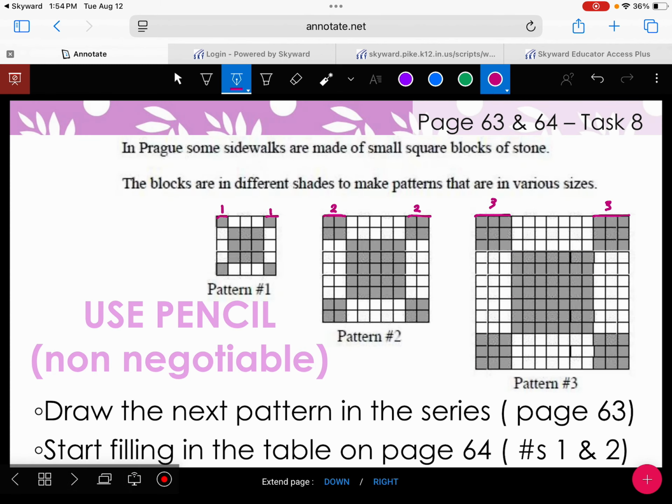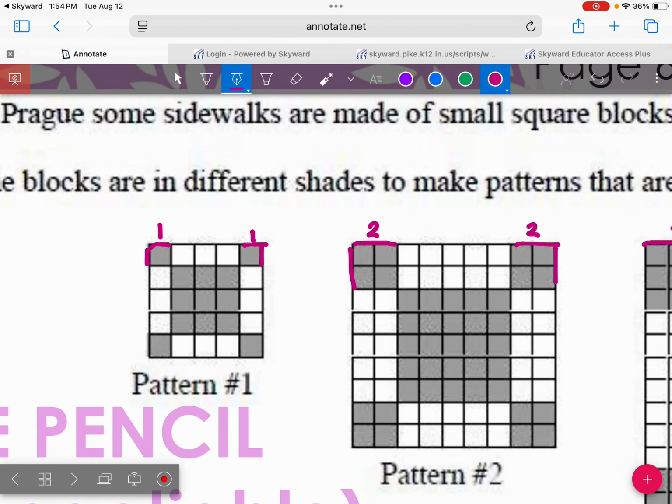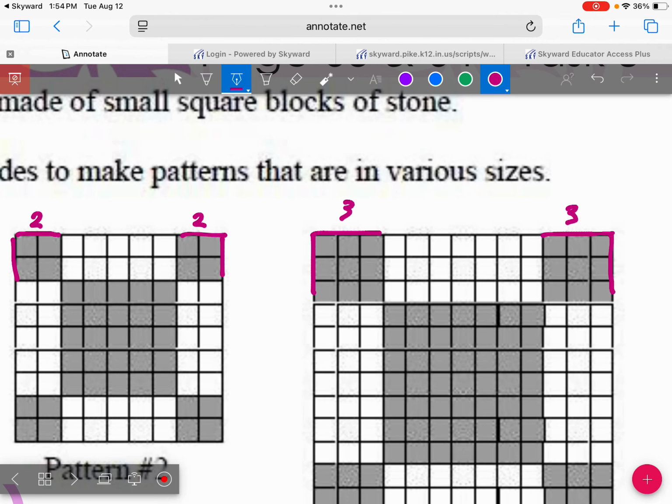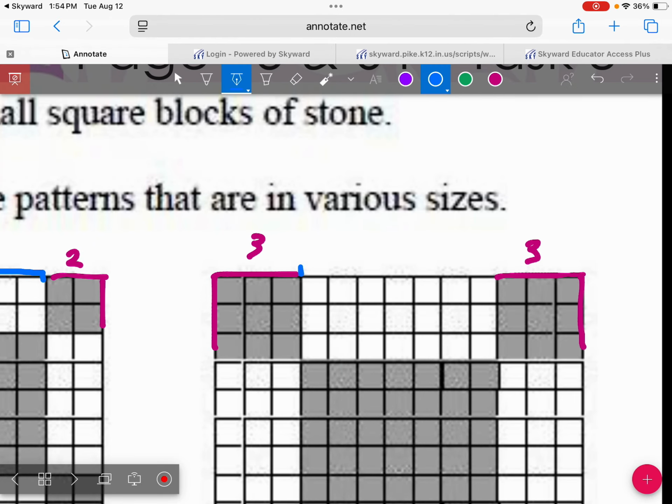What else do we notice about these patterns? So here we've got 5 little white squares. Here we have 7 little white squares.